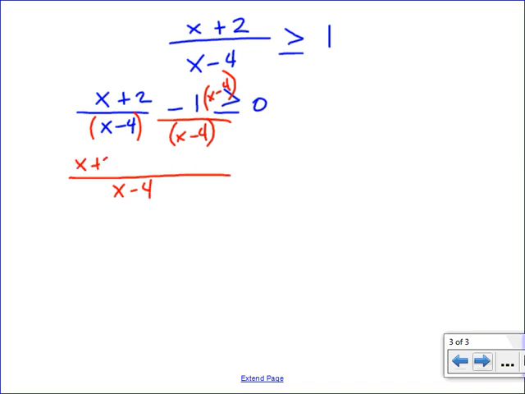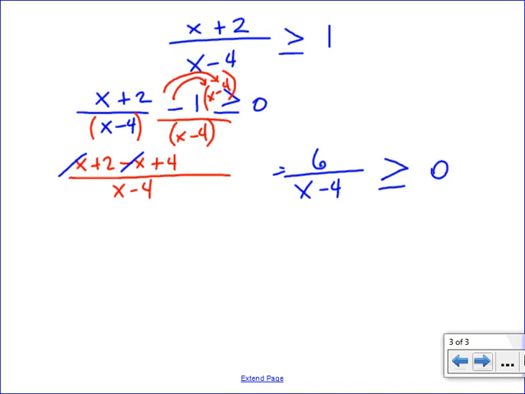X plus 2 minus x plus 4. My x's, after I've completed this step, cancel. X minus x is nothing, leaving 6 over x minus 4 is greater than or equal to 0.